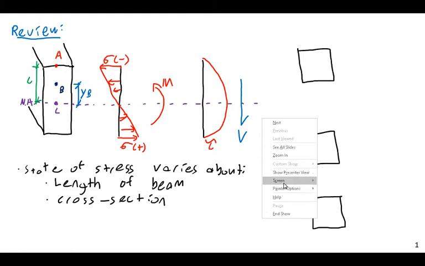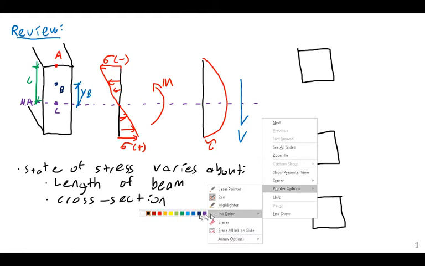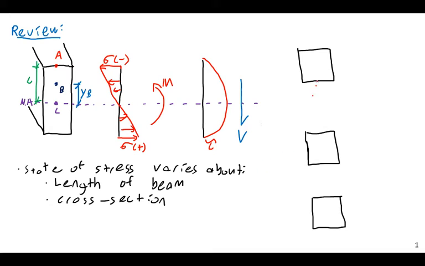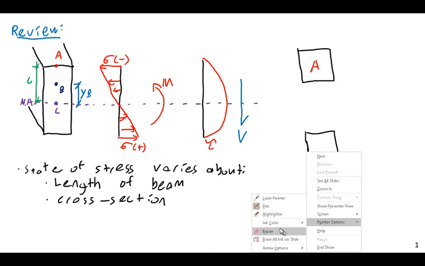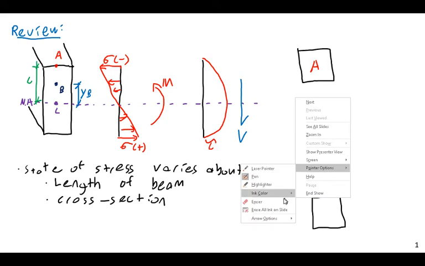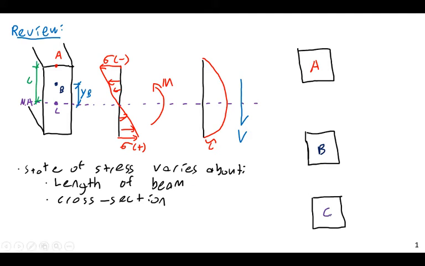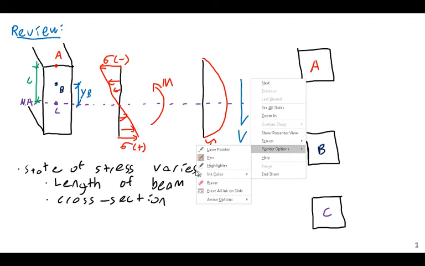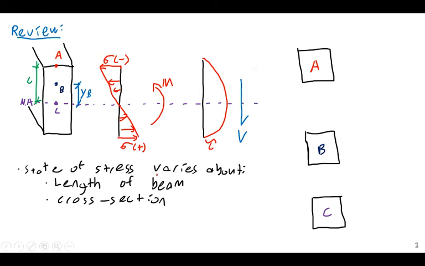Squarish. A here. Oh, let's use all the pretty colors. B and C here. So let me show my stress elements, or sorry, my stresses here.